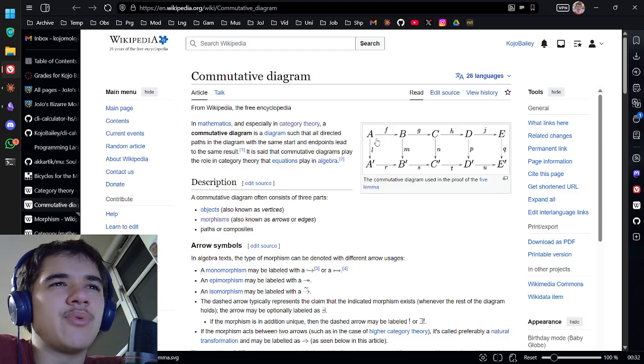If it starts at this point and you can follow it to this point, and then this starts at this point and follows to this point, because you have these arrows, you should also have, what is it, not a mapping from A to E?